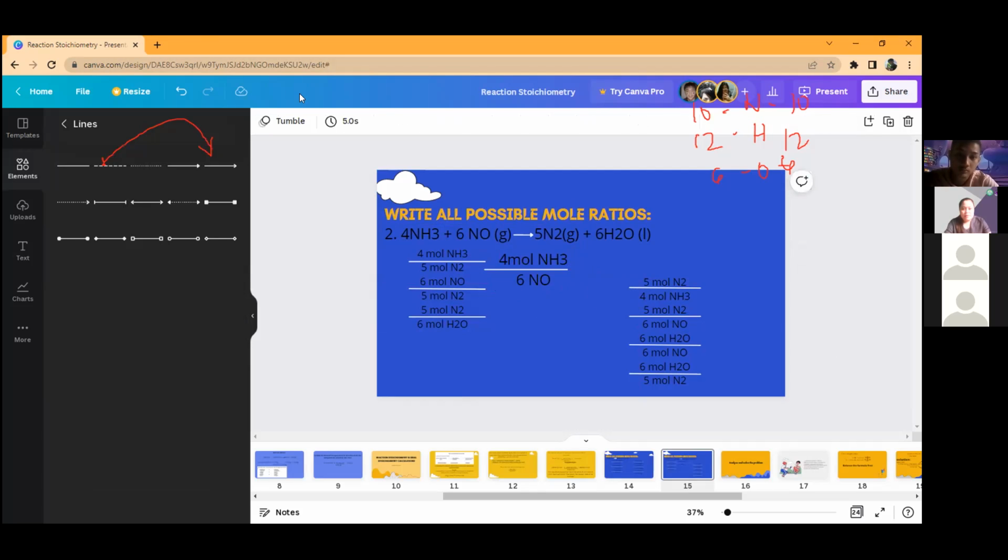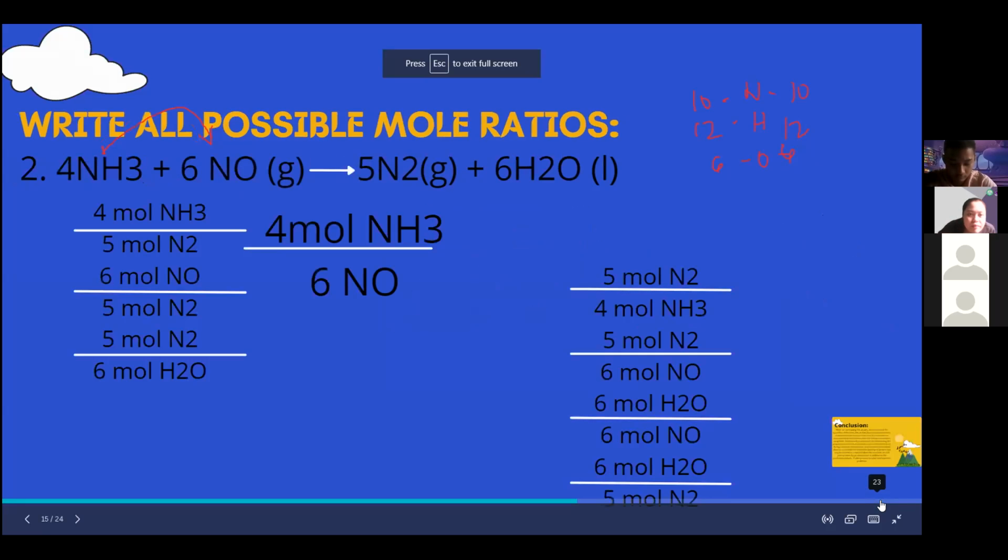Ayan po, ma'am. Okay na po. Ayan, palakihin niyo din ang slide mismo. I-present niyo daw. Okay. So, ganito class.